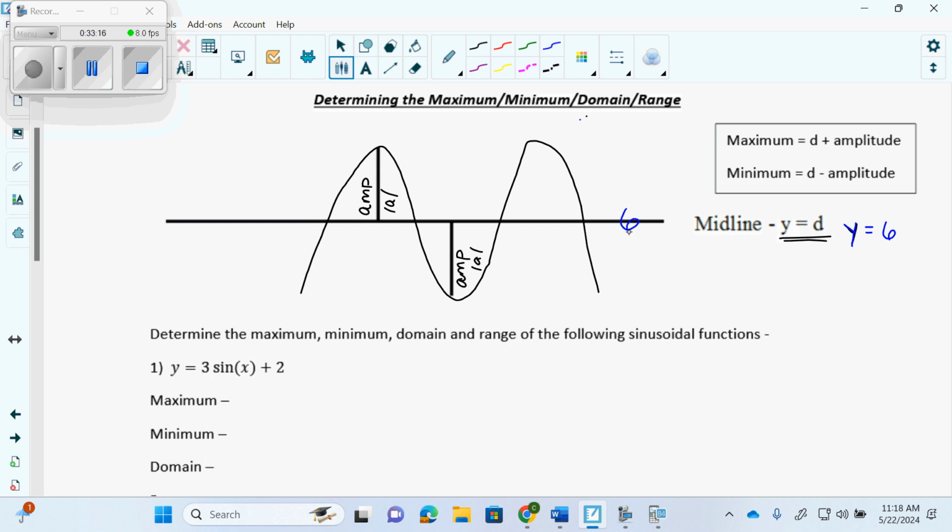Now what if I tell you the amplitude equals 2? Could you tell me what the maximum and minimum of this graph is? Anyone have any idea how we do that? Yeah, Maggie?